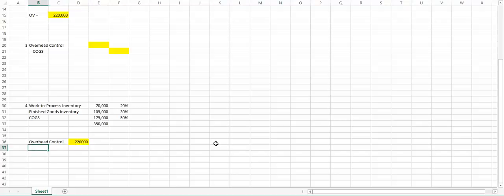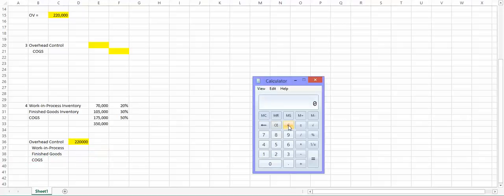And then we're going to be crediting the ones we've already worked on, where we found the percentages for the work in process, the finished goods, and the cost of goods sold. To figure out the amounts we're going to be crediting, we take our 220,000 times 20%, which gives us 44,000.